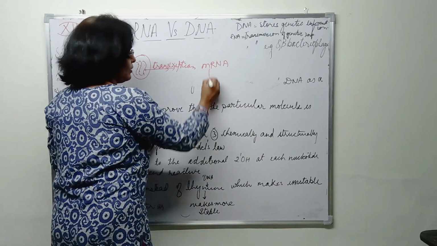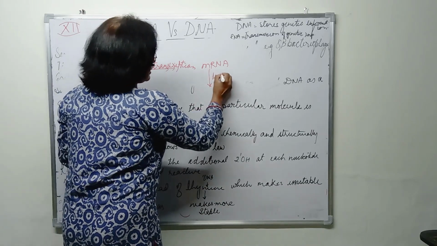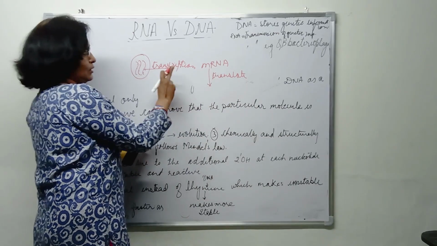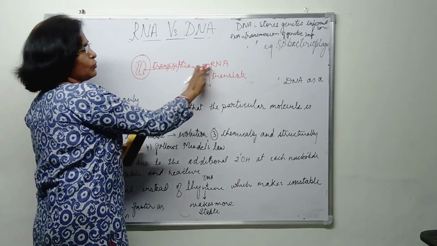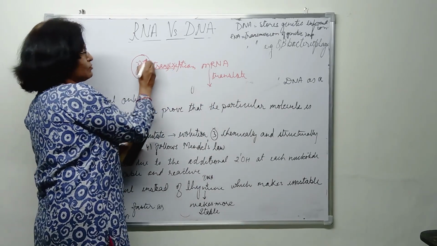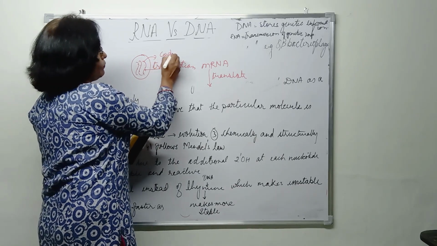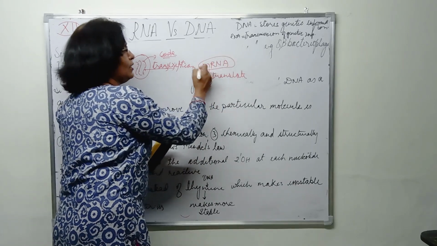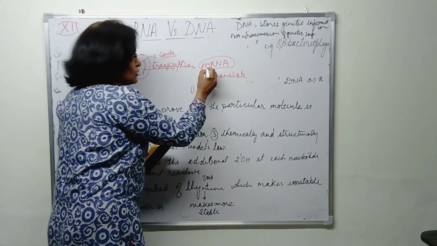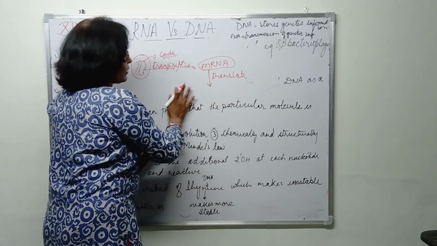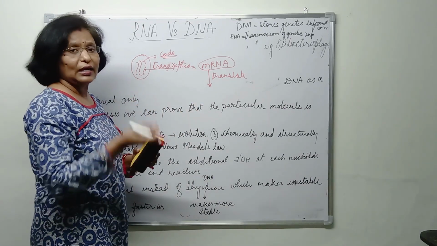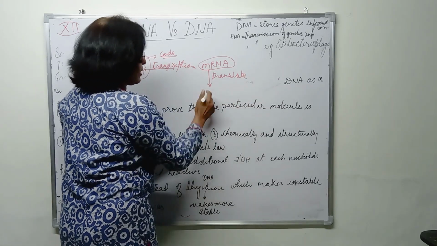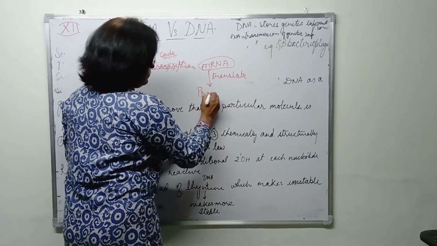The DNA gives the message in code form, and this coded message is received by messenger RNA, and then, with the help of transfer RNA and ribosomal RNA, it translates the coded message into proteins.